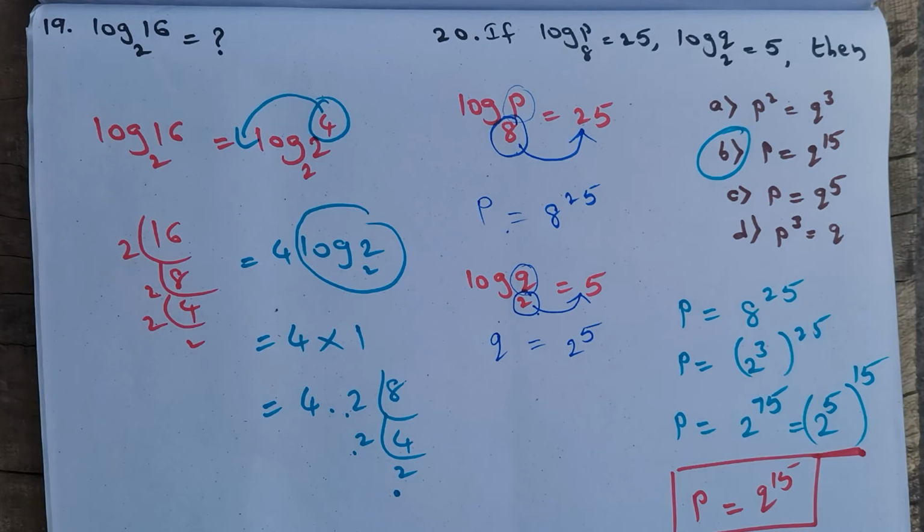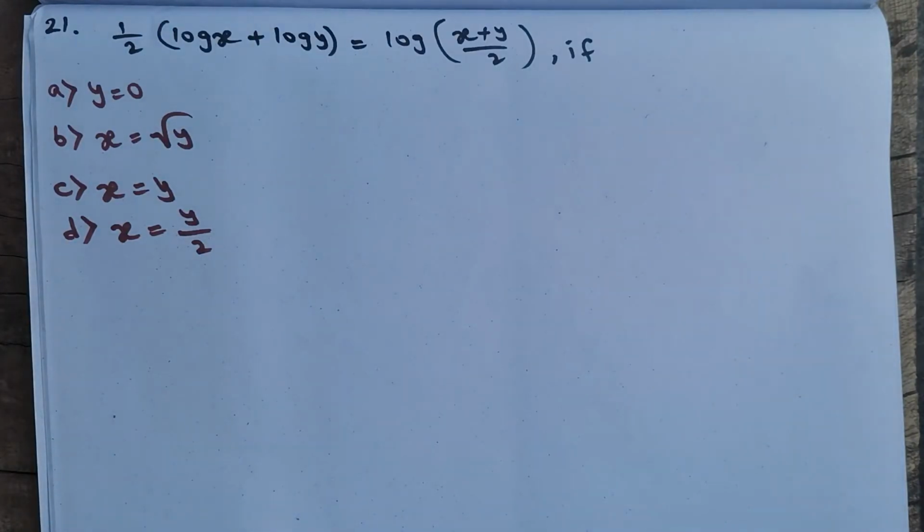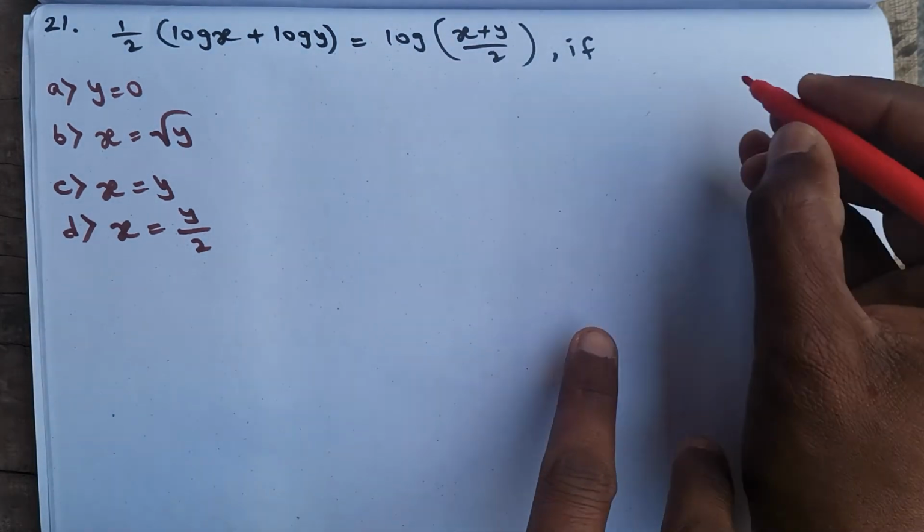Let's have a look at the next question. Question number 21. This is also one of the very important questions. Half of log x plus log y is equal to log of x plus y whole divided by 2. In all 4 options, we don't have any log at all. So our first intention is to try to remove the log. How will we do that?